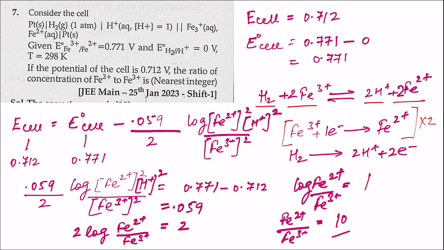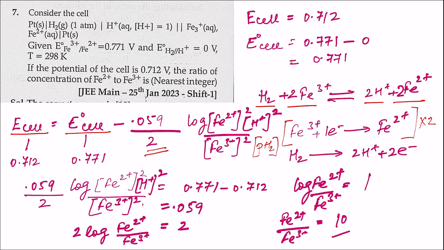Now the next equation is E cell, that is EMF of the cell, is equal to E naught cell minus 0.059 by N. Here number of electrons involved is 2. Log Fe2 plus means concentration of the ions in the product, that is Fe2 plus raised to the power 2, H plus raised to the power 2 divided by Fe3 plus raised to the power 2 and partial pressure of hydrogen.